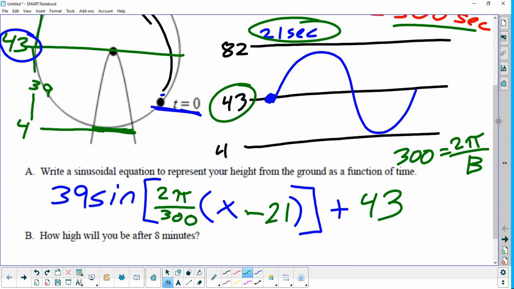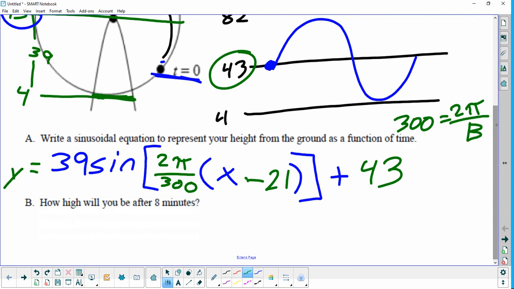So there's our sinusoidal equation. We probably should say y equals or something like that. There's our equation. You could graph this. It'll graph something very much like the sketch here, but it's going to keep going.